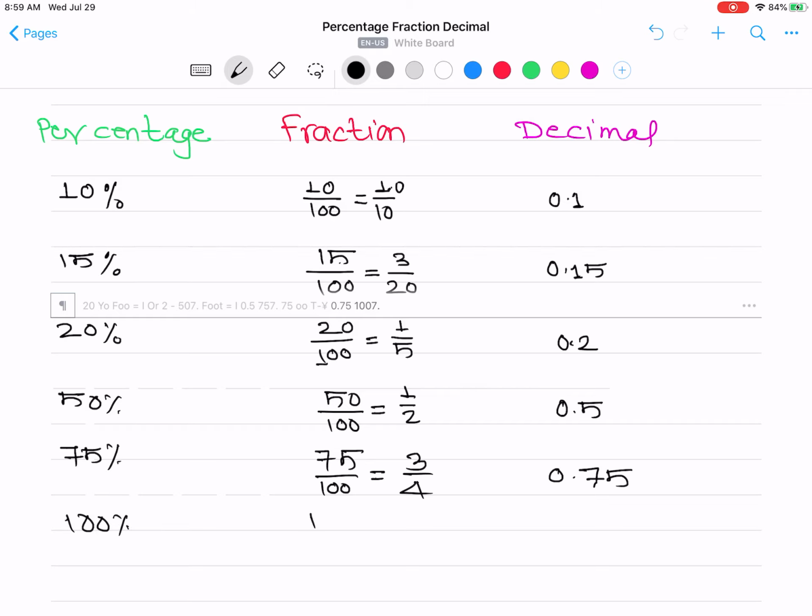So this is like 100 out of 100, so you can write 1 out of 1 or simply 1, and in decimal it's 1 or you can write 1.0. The same thing. So you can say the percentage, the fraction, and the decimal are the same.